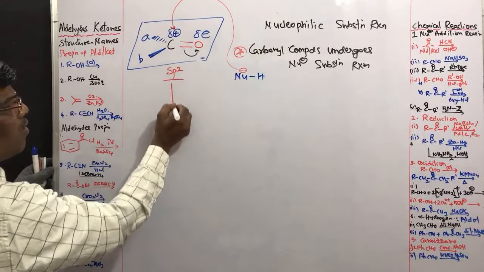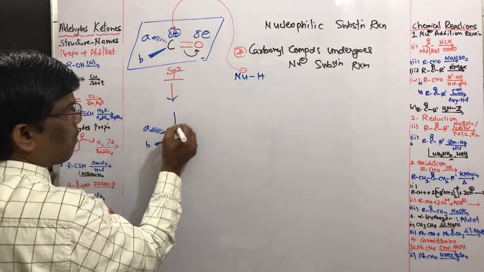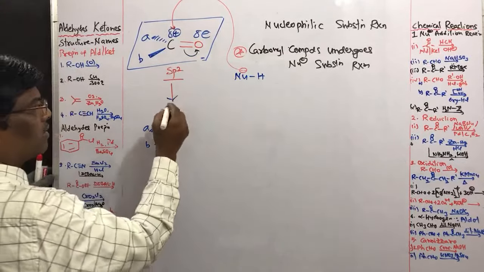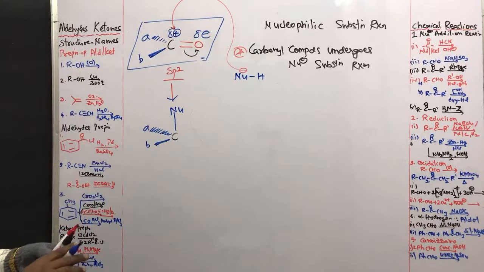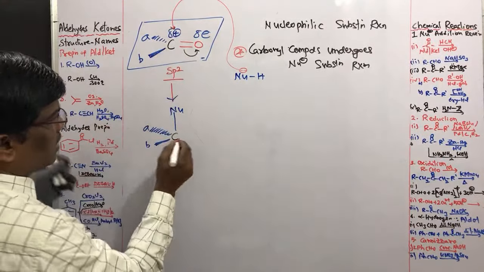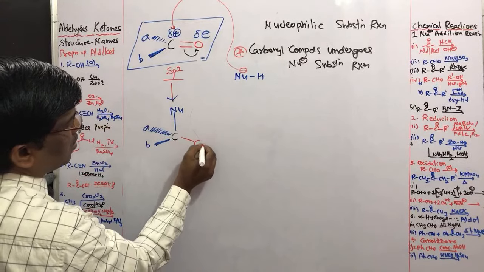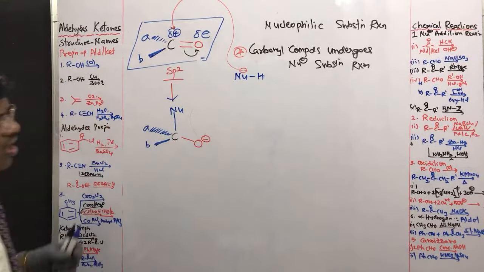Now it is going to form carbon, and now it is coming above the plane, it is going to take up this orientation, and oxygen is going to be negatively charged.